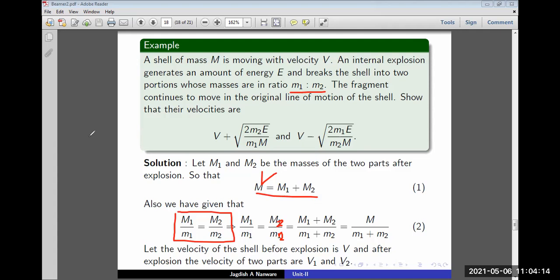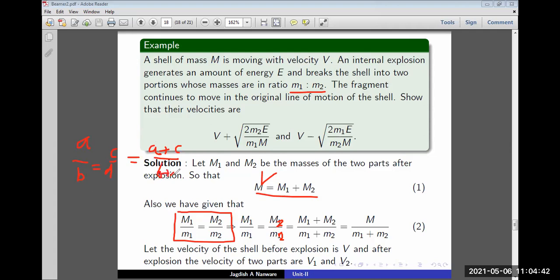You know this property: if we have A divided by B is the same as C upon D, then this is equal to A plus C upon B plus D. You can add numerators and denominators, that is what it means for them to be proportional.